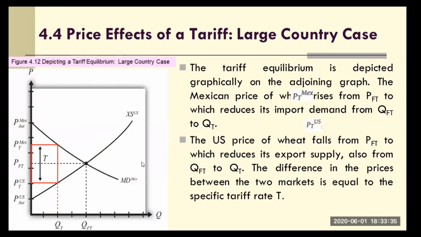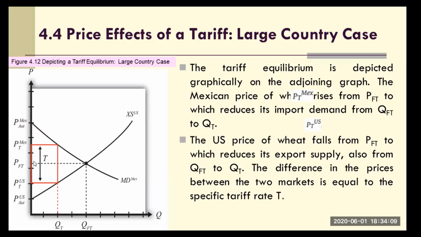To see this diagrammatically, the tariff equilibrium is depicted graphically on the adjoining graph. The Mexican price of wheat, PTMX, rises from PFT, which reduces its import demand from QFT to QT.